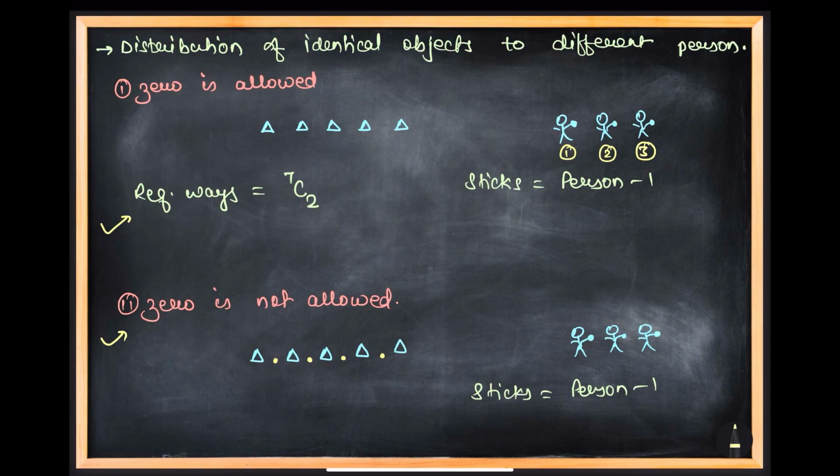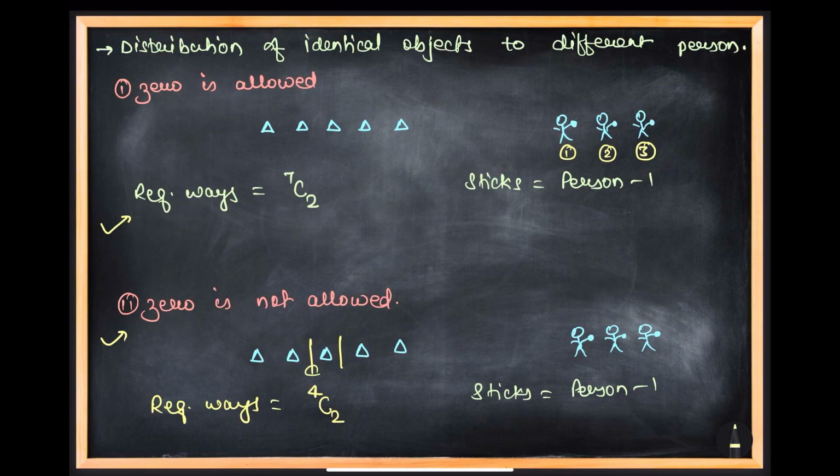So you have 4 places. Out of those 4 places, you will choose any 2 places. So it is 4C2, and done. You will select any of the places, and then suppose you got these two. So the first group of samosas will be taken by person 1 and so on.